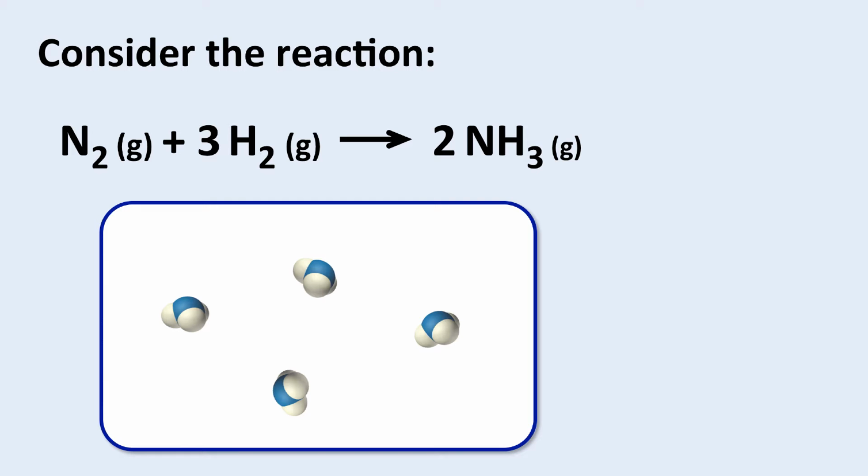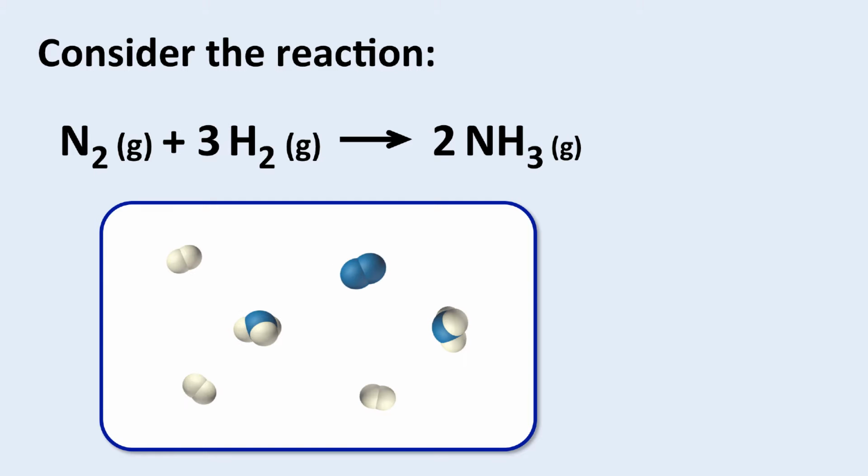Now, in reality, many chemical reactions don't go 100% to completion. So in this case, the reaction of nitrogen and hydrogen would not completely produce ammonia. It would produce some ammonia, but some nitrogen and hydrogen would be unreacted or still left.